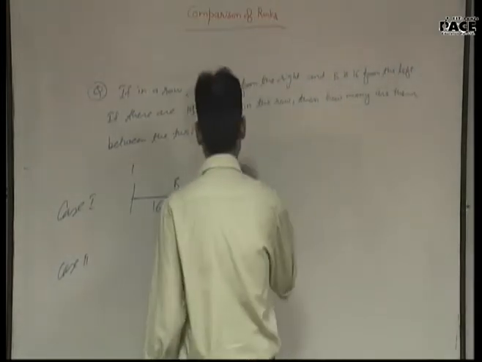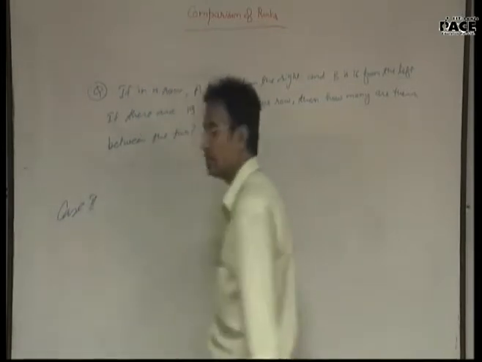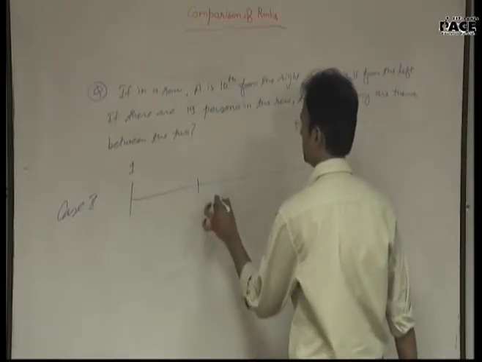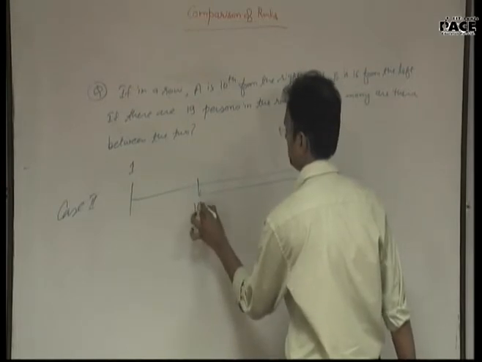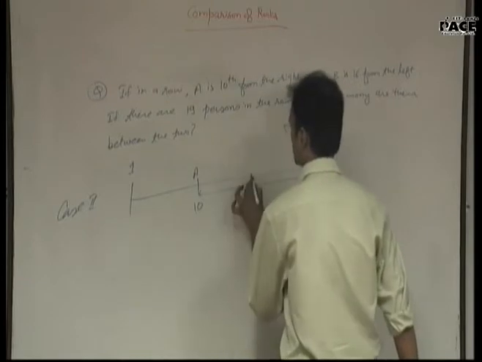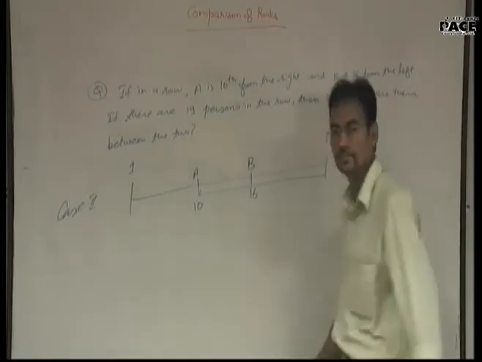Now, what is case 2? A is 10th from here and B is 16th from here.